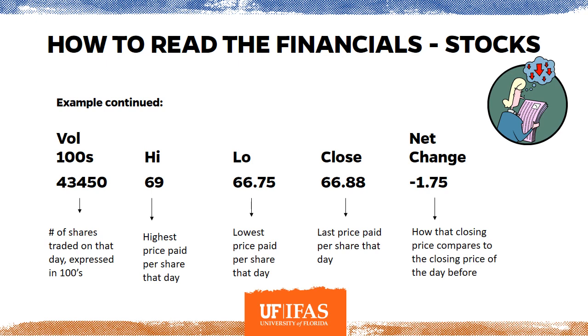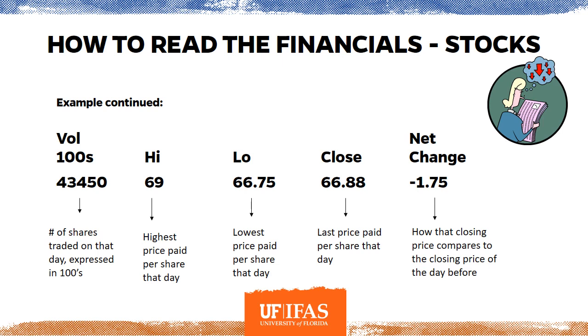And yesterday, when the stock market closed, the last share was sold for $66.88, just a little bit higher than the low for the day. So that was not even a $3 change over the course of the day in the cost of that stock.